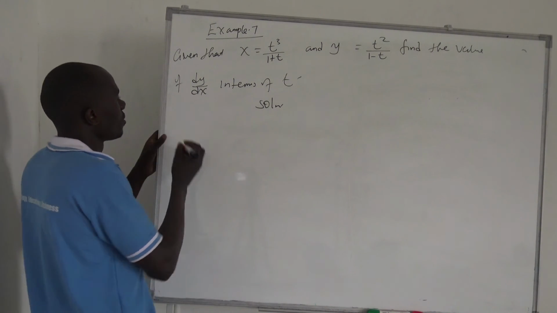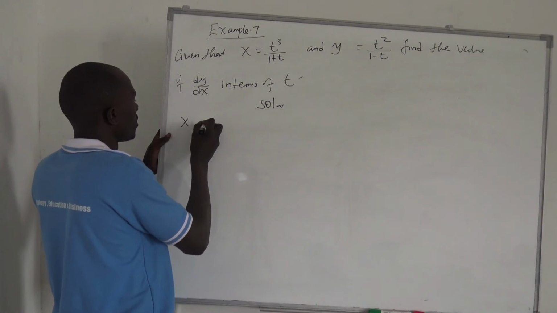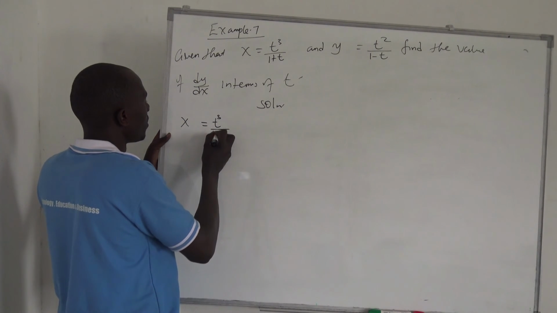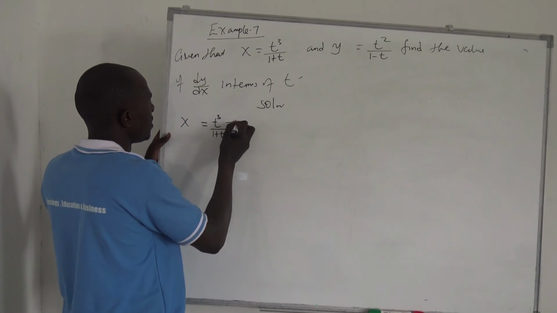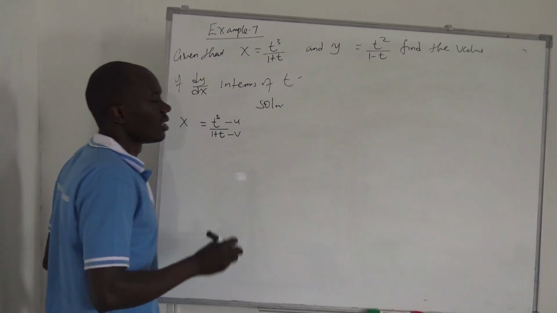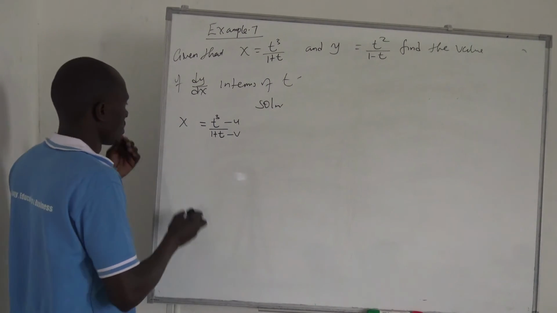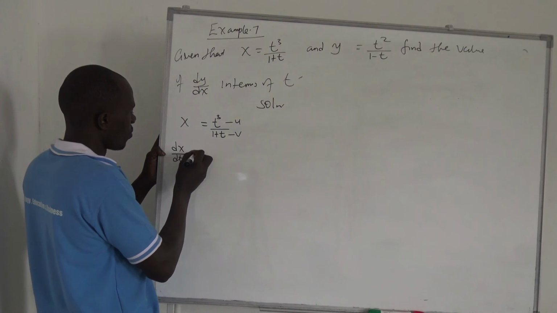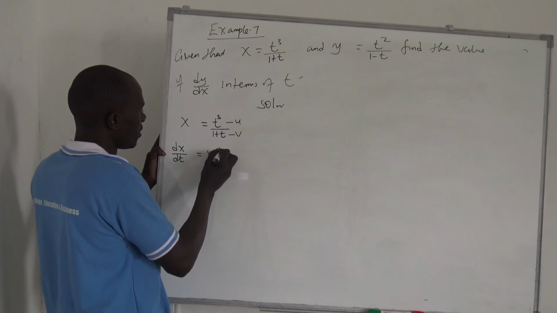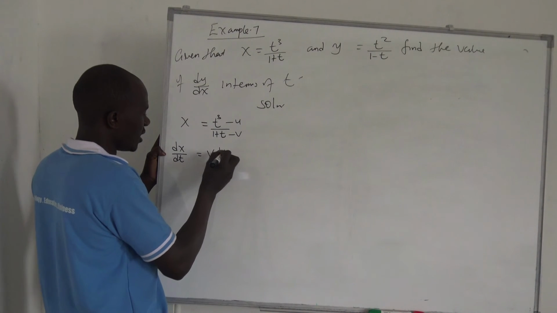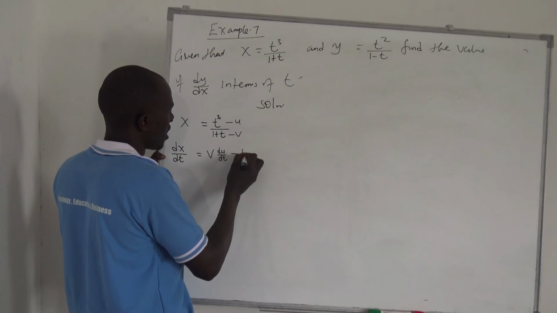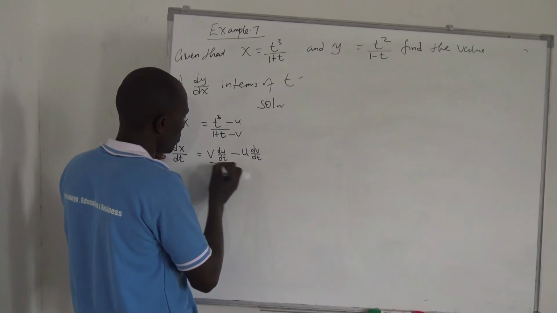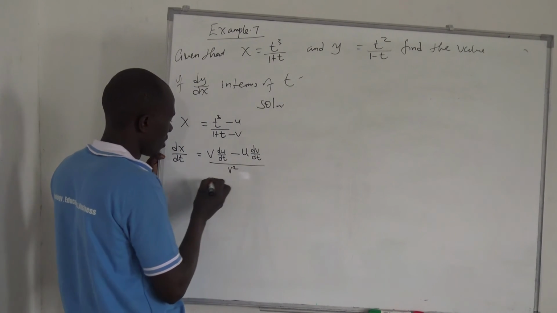So we have got x equals t cubed out of 1 plus t. This is u, this is v. This is our quotient rule. We shall say dx/dt equals v du/dt minus u dv/dt all over v squared.